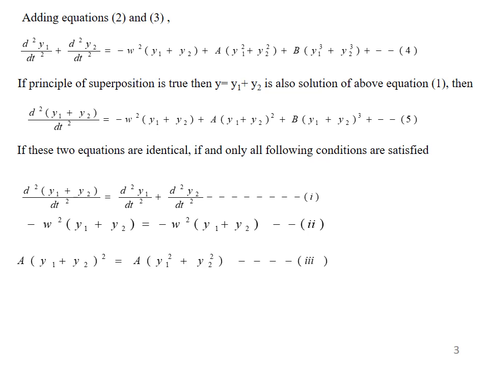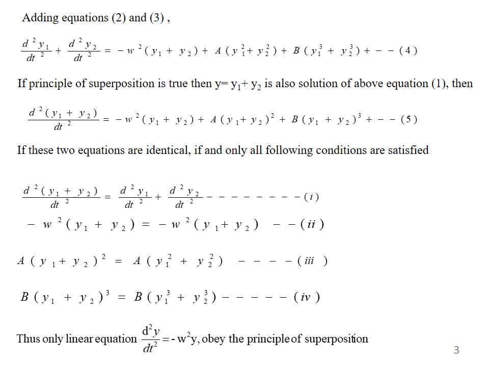Second condition, minus omega square into bracket y1 plus y2 is equal to minus omega square into bracket y1 plus y2. Third condition, a into bracket y1 plus y2 whole square is equal to a into bracket y1 square plus y2 square. And last condition, b into bracket y1 plus y2 whole cube is equal to b into bracket y1 cube plus y2 cube.